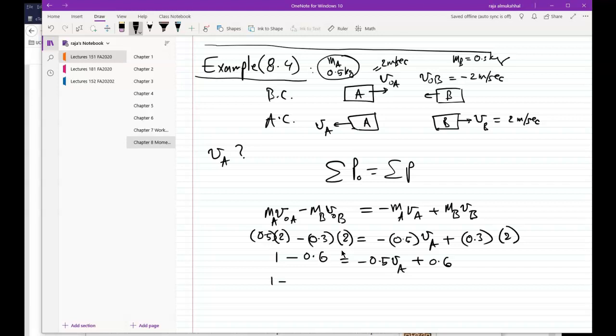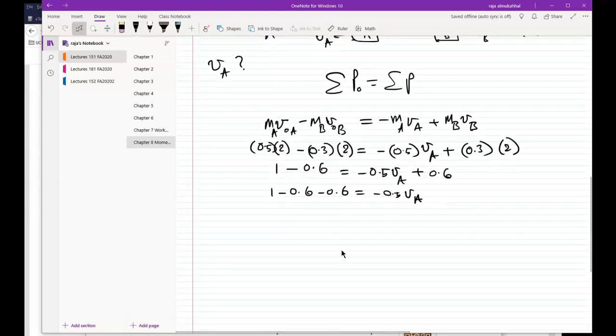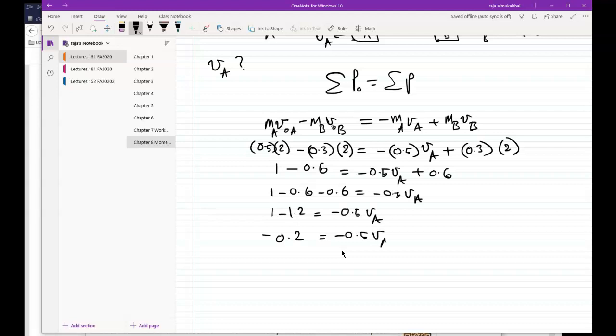So I have 1 minus 0.6 minus 0.6 equals minus 0.5 V sub A. I hope you're following my algebra. And that will be 1 minus 1.2 equals minus 0.5 V sub A. And that will give me negative 0.2 equals negative 0.5 V sub A.